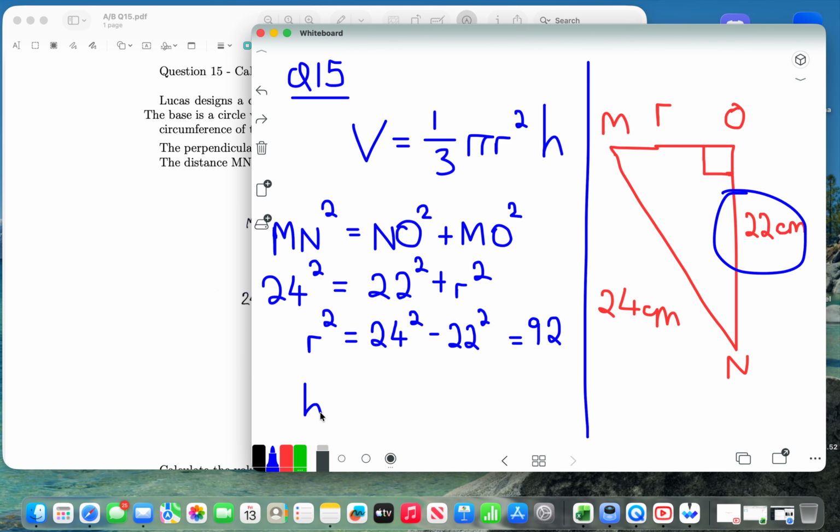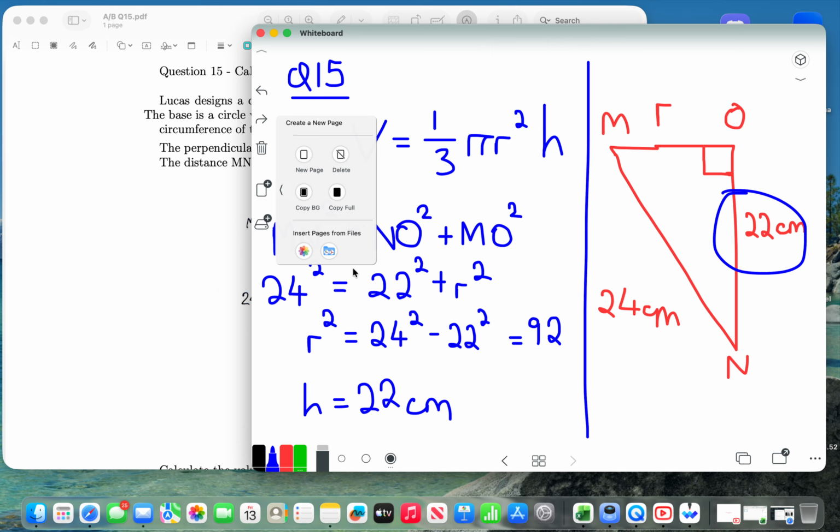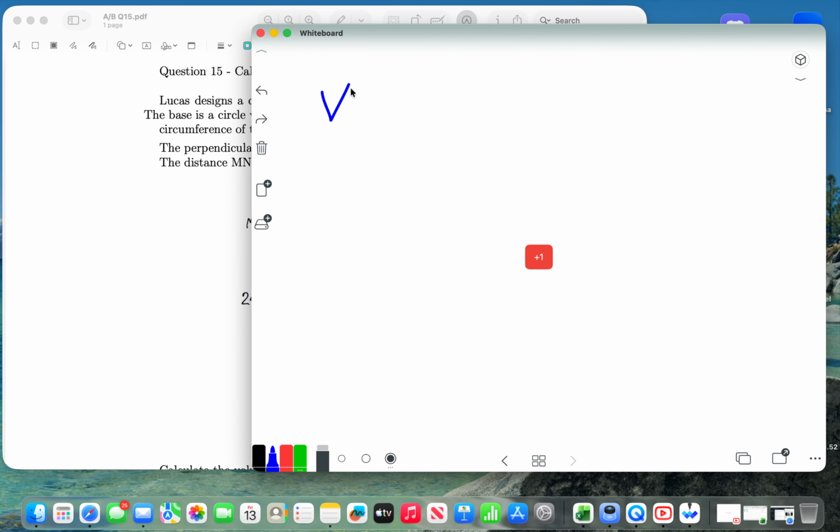So we have h equals 22 centimeters. Now you could find r, the radius, if you really wanted to, but I'm just going to put r squared in. One third pi times r squared is 92 times 22.